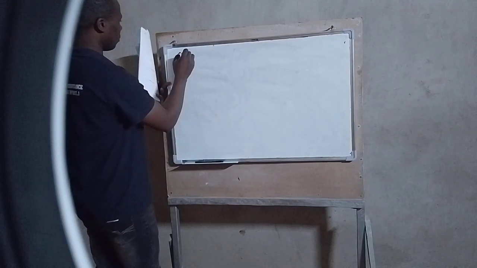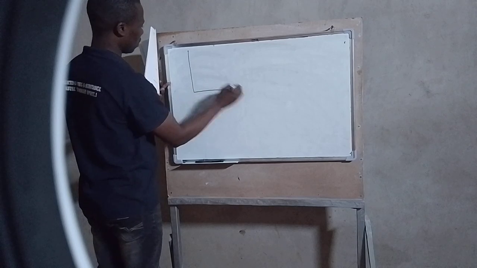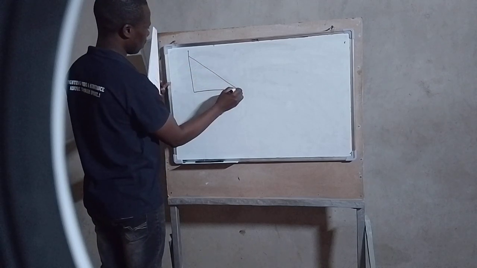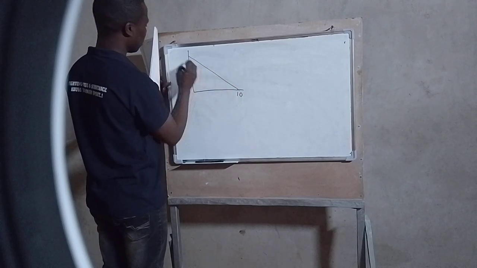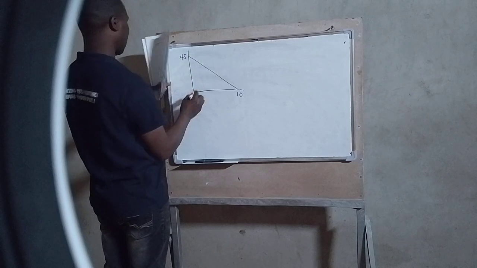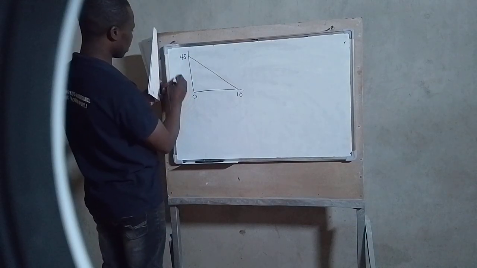This is the diagram. This is where we have 10. This is where we have 45. And this is where we have 0. And this is our velocity.